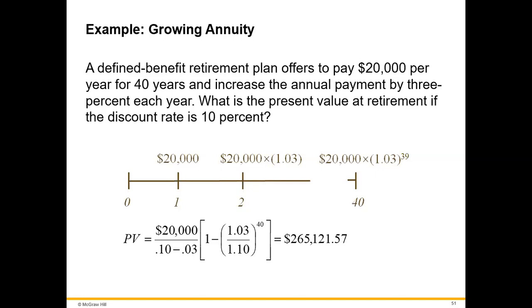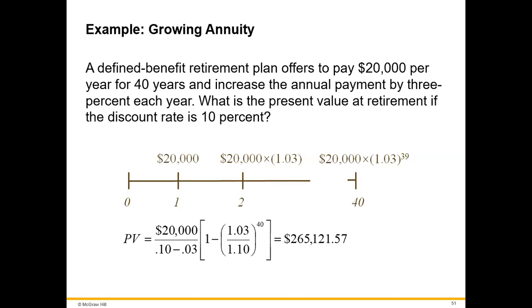So we have all of our factors there. The amount of the payment each year is $20,000. We'll divide that by the interest rate minus the growth rate. So 10% minus 3% or 7% divided into 20,000 will be $285,714. We'll multiply that by 1 minus, and first we'll determine 1.03 divided by 1.1.